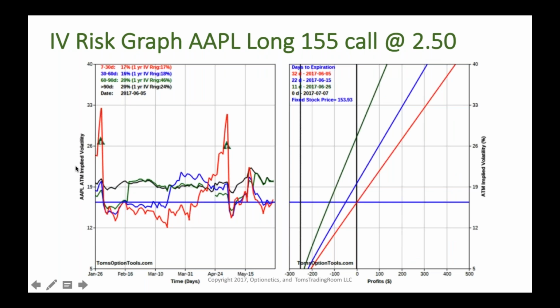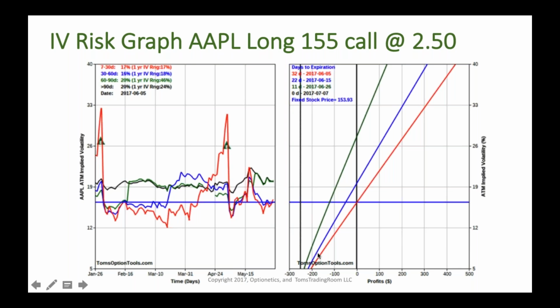This is the IV graph, and this shows me IV and IV risk on the calls. And the fact that if IV goes down to 12, right, which it could do, today that's going to represent about a $75 loss on our position if everything else remains the same, okay? With 22 days to expiration, that loss increases to just above 100, right?